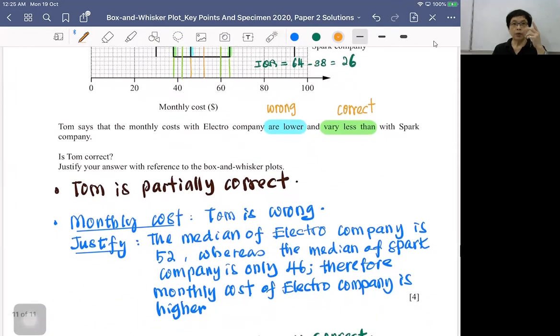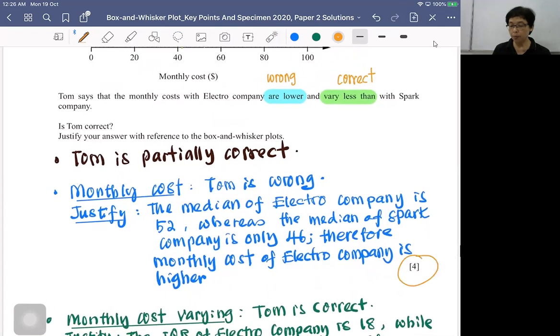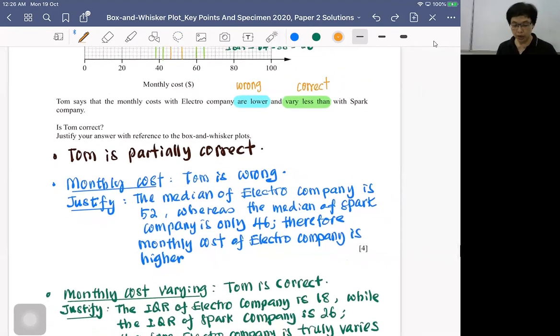Bearing in mind, we need to make the statement whether Tom is correct or wrong, and not stopping there, we're supposed to justify your answer with reference to the box and whisker plot. So we need to do both of them, and by doing both of them, 4 marks are waiting for you. That is 2 marks from the first part of the statement and 2 marks for the second part of the statement. All right, so now let's go.